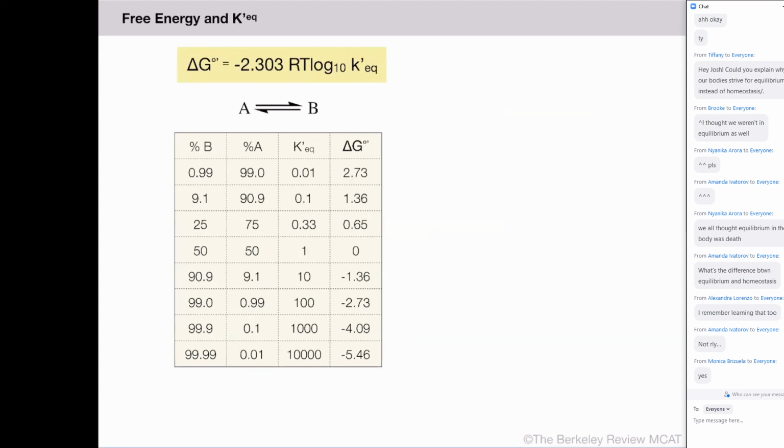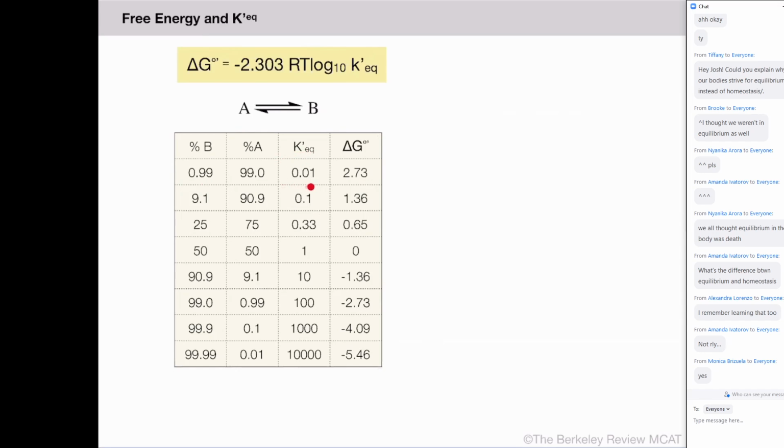To better understand one of these equations, it's good to just plug in a bunch of numbers. So let's plug in a bunch of values for KEQ and see what that means in terms of delta G naught prime. If we start here with the percent B, your products, and here's your reactants A, then you're going to have 0.99 over 99.